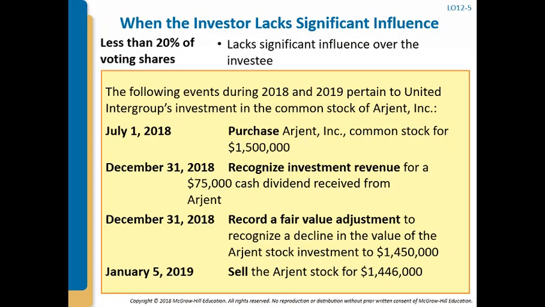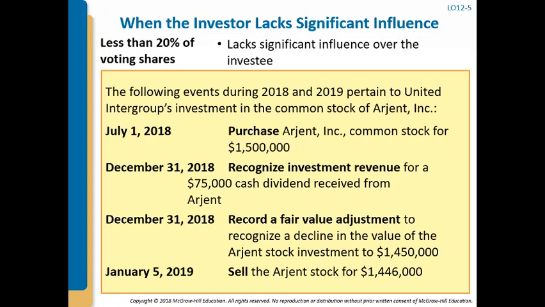This is just giving you all the facts. That was July when they make the purchase of common stock for $1.5 million. On December 31, 2018, United receives a dividend of $75,000 from Argent.